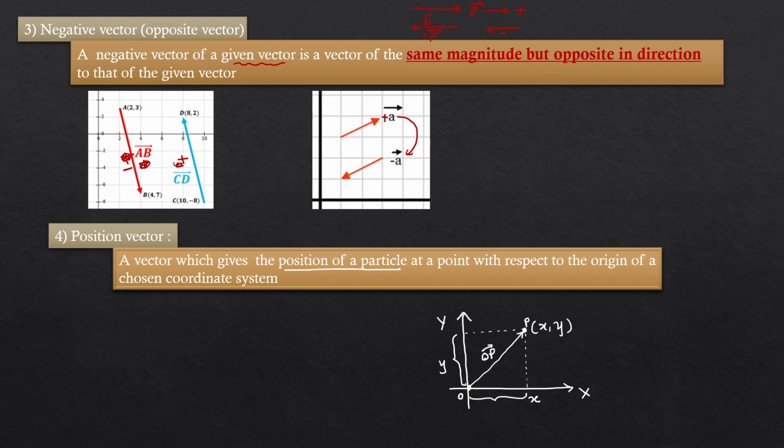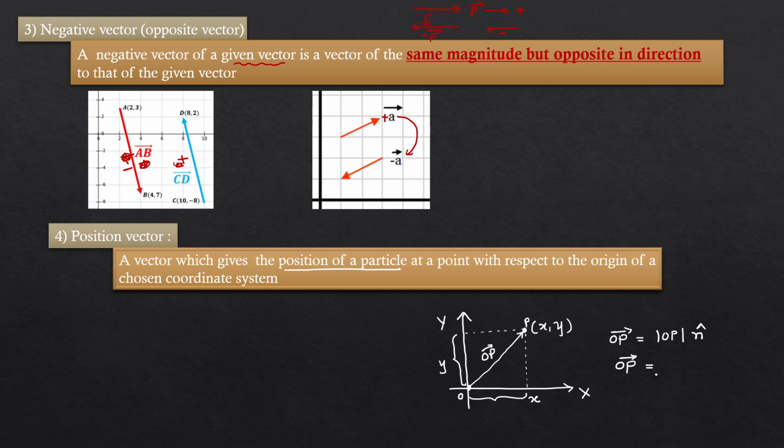So how to write this OP bar? OP bar को कैसे लिखोगे आप लोग? OP bar, it has a magnitude and it has a direction. Direction अभी random कुछ भी हो सकता है. Let's assume n cap है. Okay. So how to write OP bar? To be remembered. Any vector, how to write any vector? अभी what is the direction towards the x? X axis की direction क्या है?